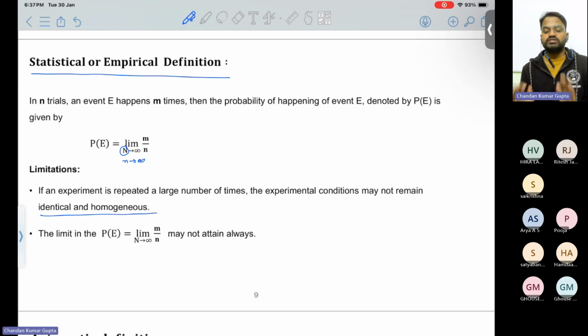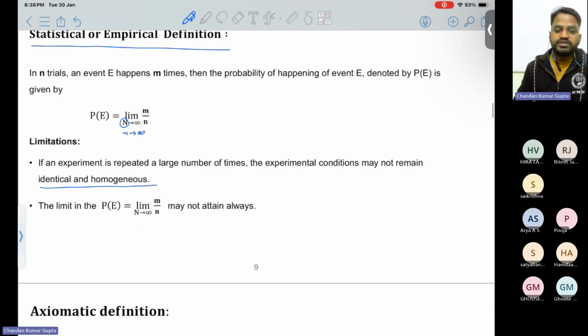It is a very basic assumption in probability theory, but it is not really possible. So these are the limitations of the statistical or empirical definition.